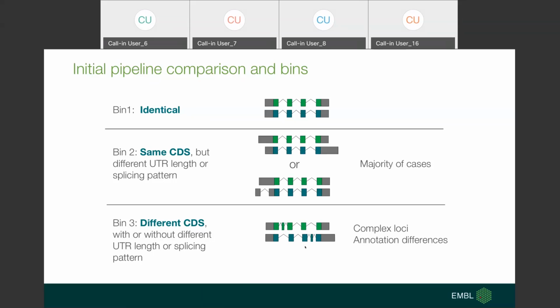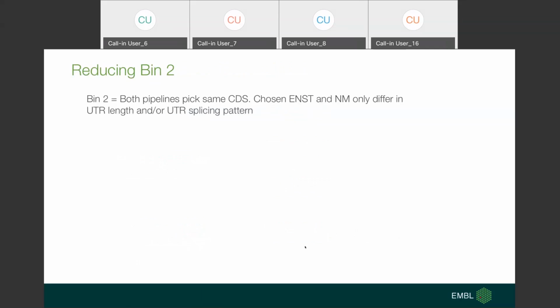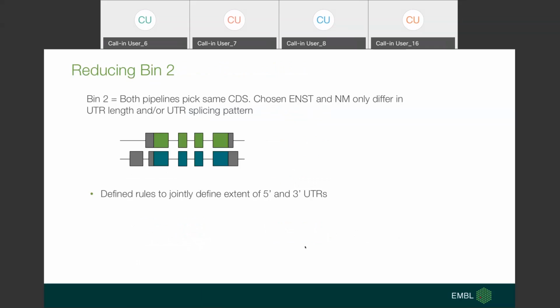Because the largest bin was the second bin, we decided to focus our attention on that one. And our first point was, how do we reduce this bin? Again, this is the one where the CDSs match, but not the UTRs. And so the first point there was to define rules on how to define the extent of the UTRs.